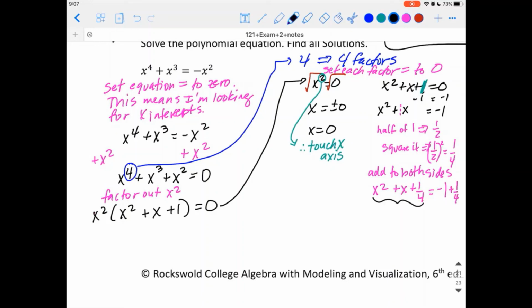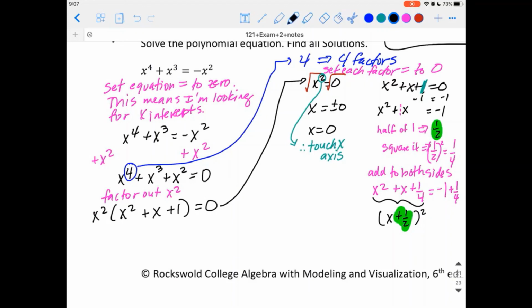And this is actually (x plus 1/2) squared. And where did I get the 1/2? This 1/2 is half of whatever we took the half of.